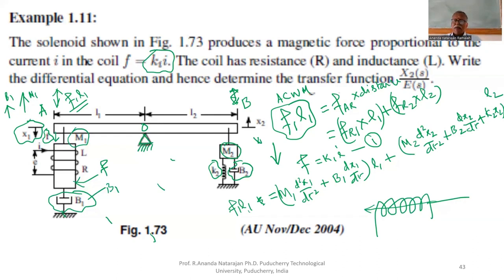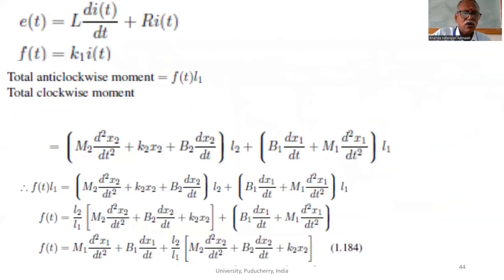That's all. So what you got: F of t L1 equals M2 d squared x2 by dt squared plus K2 x2 plus B2 dx2 by dt, multiplied by L2, plus B1 dx1 by dt plus M1 d squared x1 by dt squared, multiplied by L1.